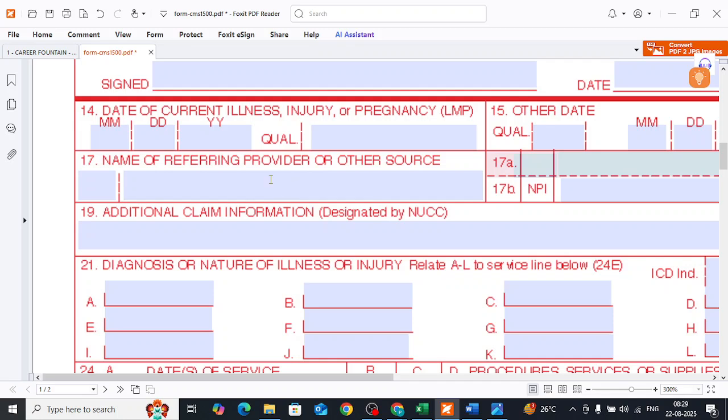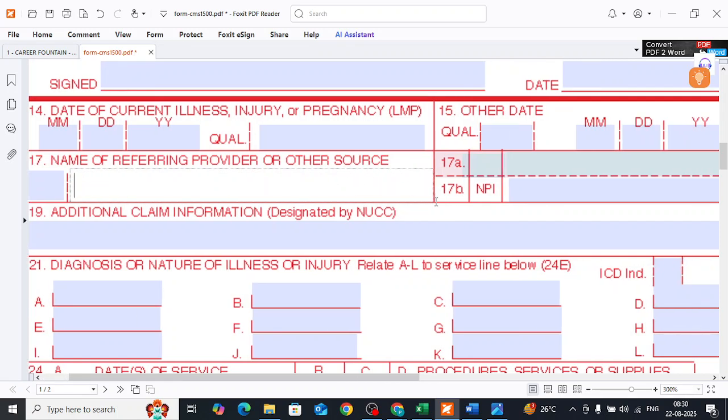Here we are considering that this is for the doctor. Name of referring provider means mostly the family doctor who is referring the patient to visit our hospital or our specialist to take the service. So that doctor's name will go here, who has referred the patient to visit our hospital.